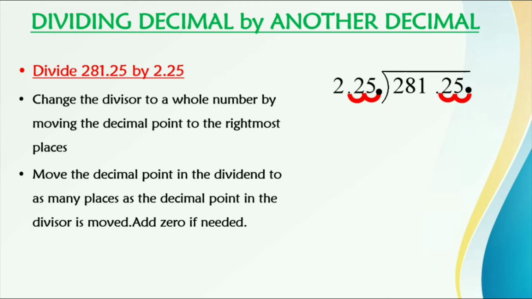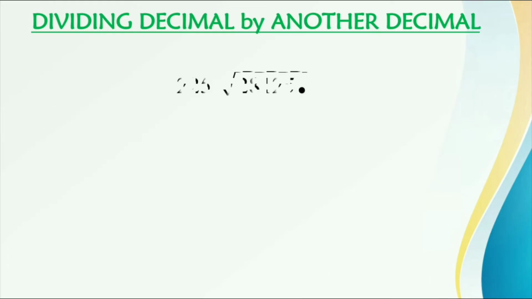So, wala tayong blank spaces, so hindi natin kailangan mag-add ng 0 in this problem. Okay, pag nagawa na natin yan, magdi-divide na tayo like whole numbers. Okay, so ito na ngayon yung ating equation. So, 28,125 divided by 225. Okay, whole number na ngayon yung ating divisor, kaya pwede na natin siyang simulan na i-divide.